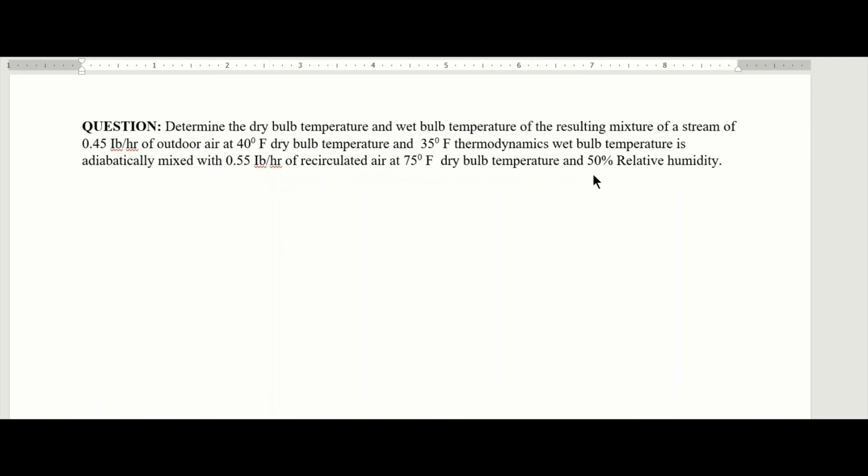As you can see, this is very obvious. It is adiabatic mixing of two air streams.